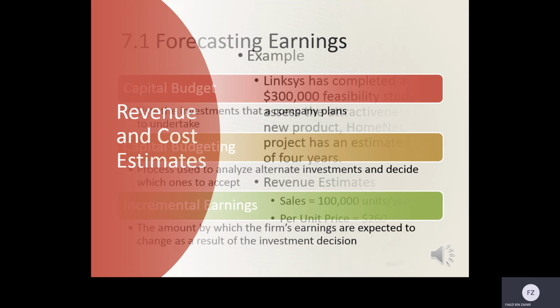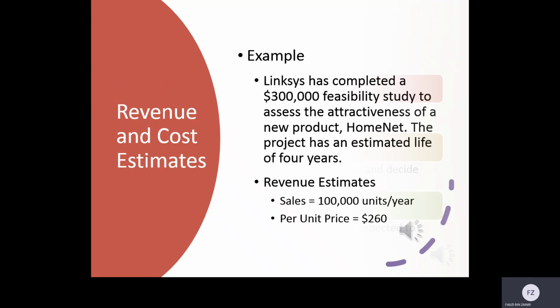So let's look at a capital budgeting decision faced by a manager of a company called the Linksys division of Cisco Systems. This hypothetical division is a maker of consumer network hardware. Linksys is considering developing wireless home network appliances.